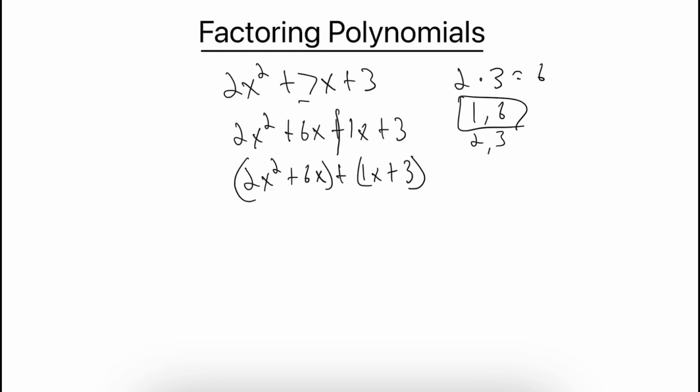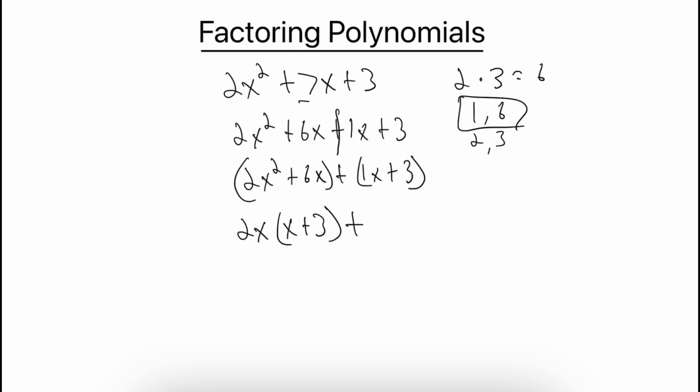So we're going to look for a ratio between these two. And I'm seeing x plus 3. So to make this one equal x plus 3, we need to pull out 2x. So 2x, x plus 3.